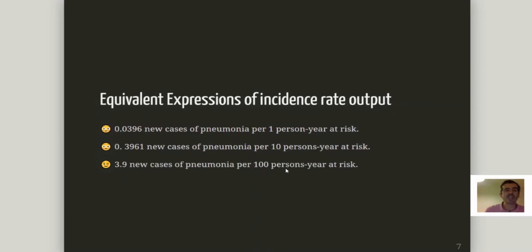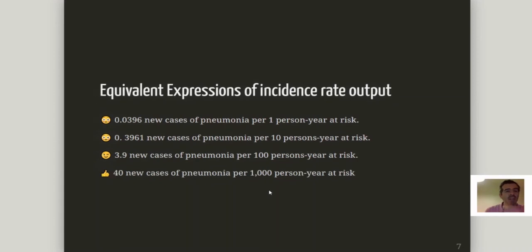So if you want to communicate this to your friend, you might multiply this by 100, and you can say, well, there were 3.9 new cases of pneumonia, of asthma, I was saying, sorry, per 100 person years at risk, which is a bit better now, isn't it? Or we can also round it and say 40 new cases per 1,000 person years at risk. That might help your grandma understand better if you're trying to explain your experiment or the findings of this example.